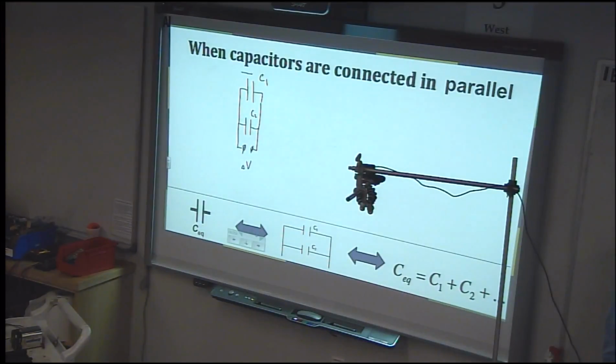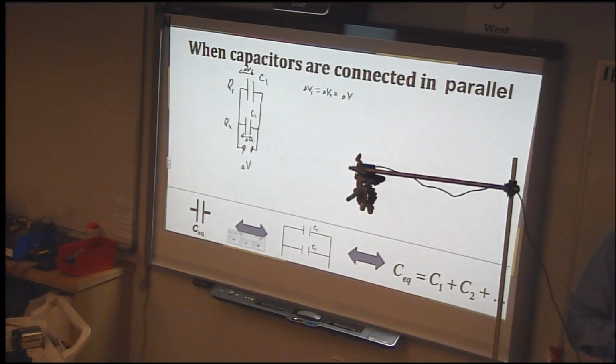Now, each capacitor, of course, has a certain voltage across it, potential difference between the electrodes. However, you can see now the voltage number one should be the same as number two, should be the same as just the source voltage. Now the charge should be different in general.